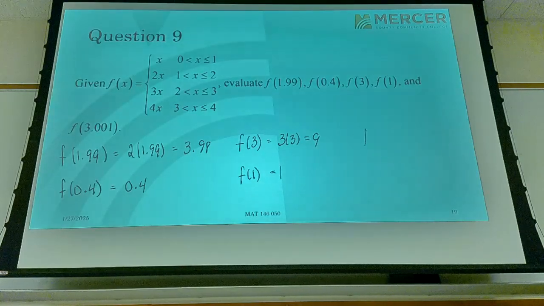F of 0. None of them. And how can 0 be less than 0? 0 is not less than 0. It says x has to be greater than 0, but 0 is not greater than 0 either. Notice this domain is positives. 0 is not in the domain, so F of 0 would be undefined.